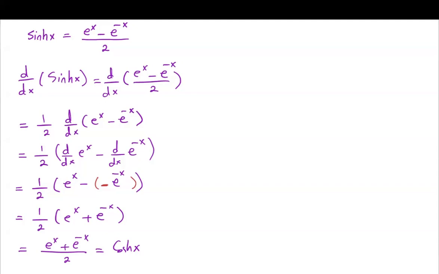Now, what if I want to take the integral of hyperbolic sine? In taking the integral of hyperbolic sine of x dx, you are taking the integral of e to the x minus e to the power minus x divided by 2 dx.